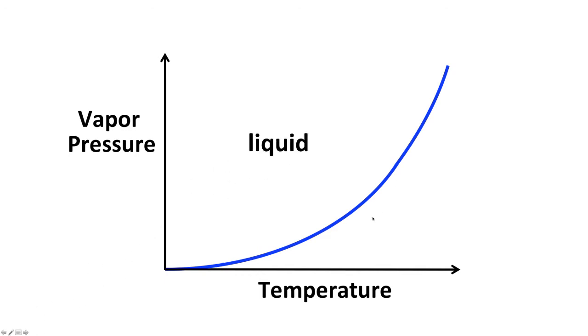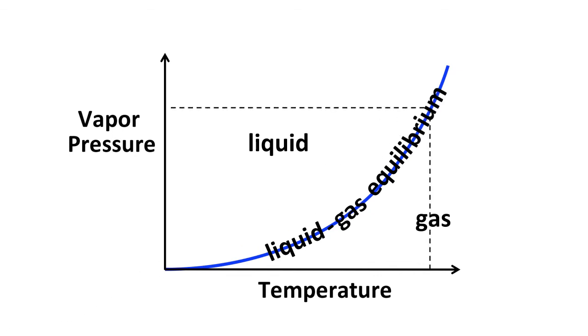Temperature and pressure values in the region above the curve correspond to a liquid, and if we're below the curve, we have a gas. If we're on the line, we have an equilibrium between liquid and gas.